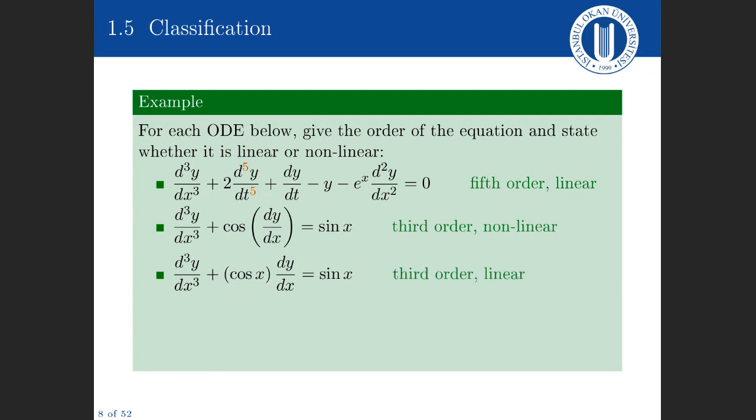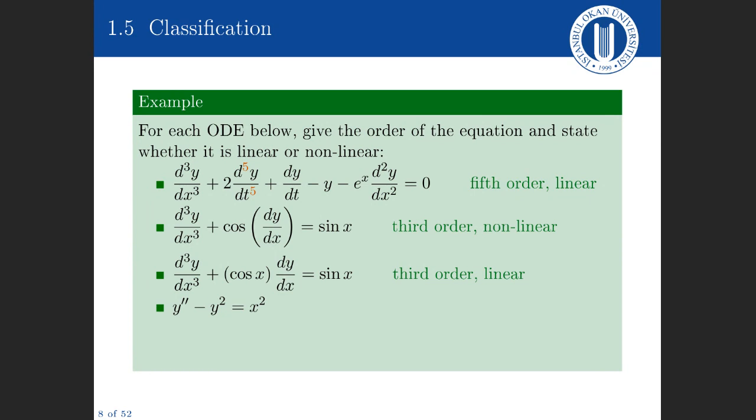The answer is this equation is a linear equation. Forget about cos x, forget about sin x, we don't care about x, we're only looking at y. Forget about all of the derivatives. What are we left with? We're left with y plus y. So this is linear.